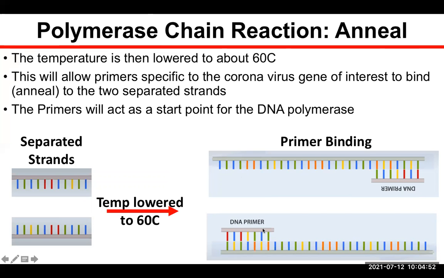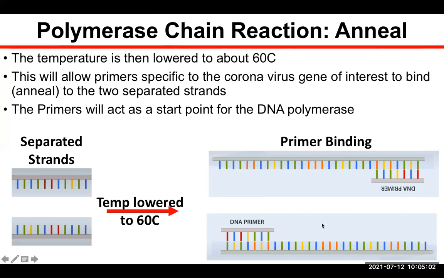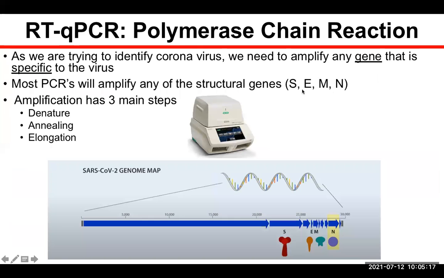Just like in DNA replication, a polymerase needs a starting point in order to add on the nucleotides and synthesize the new strand. So scientists add primers to the tube that are specific for their gene of interest. These primers will be specific to one of these particular gene sequences.